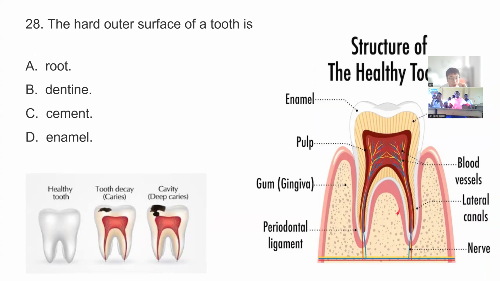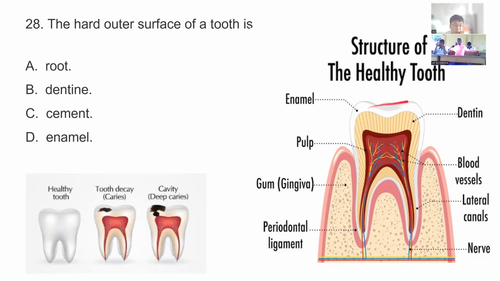Now this is talking about the structure of a tooth. So what would you call the hard outer surface of the tooth? Is it the root, the dentine, cement, or enamel?